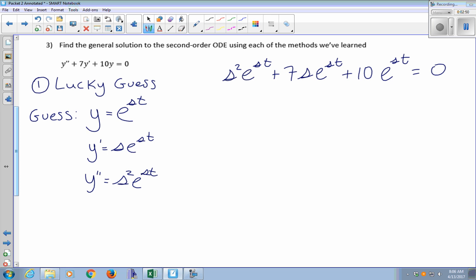I'm just plugging into the differential equation, substituting the things related to the guess. Every term here has an e^(st) in it, so we factor it out, and we're left with s² + 7s + 10.